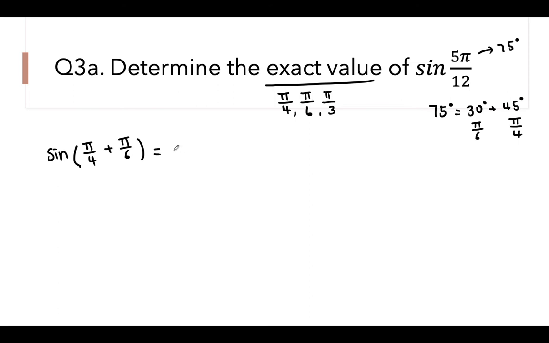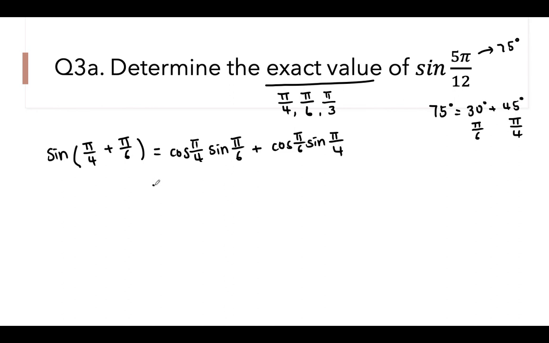It starts with cosine pi over 4, sine pi over 6. Again, you could interchange the order as long as the angles are the same with cosine and sine, because this is multiplication. And plus cosine pi over 6, sine pi over 4. So this would be the compound formula expression.